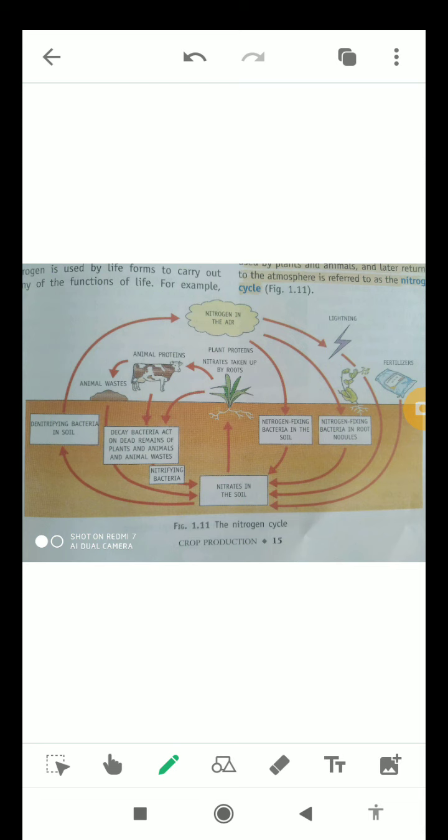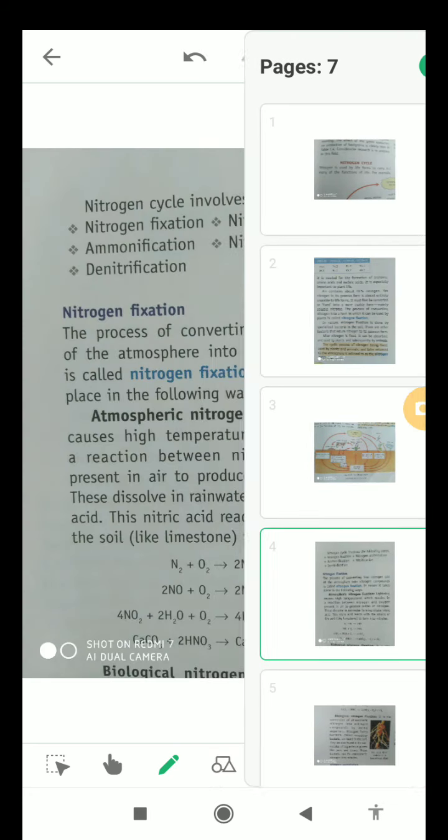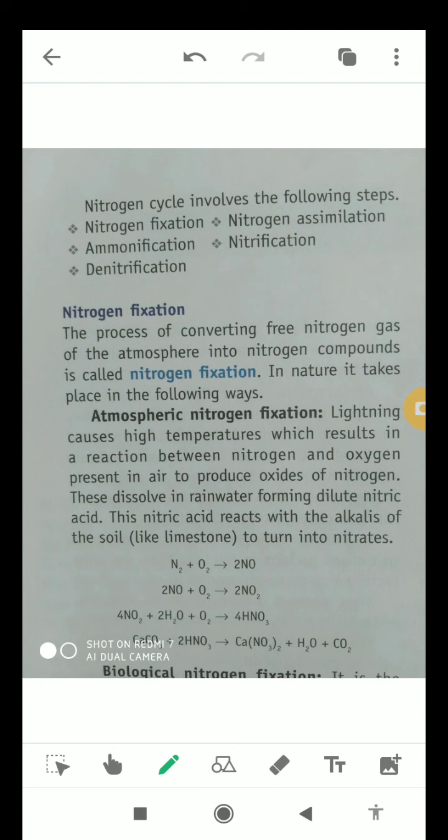So this is how the nitrogen cycle takes place in the atmosphere. Now we can say that the nitrogen cycle involves the following steps: nitrogen fixation, nitrogen assimilation, ammonification, nitrification and denitrification. Some of these steps we will talk about.